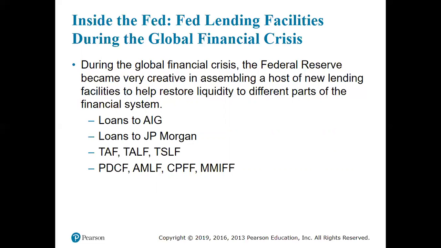What I want you to recognize is just that some of them were for the banks, some of them were for money market mutual funds. There's one for actually even foreign central banks because of the global nature of the problem. They actually made some loans to some of the smaller foreign central banks. Investment banks that were impacted, government agencies, and they did quite a bit to bail out some of the government agencies that were involved in the mortgage-backed lending.